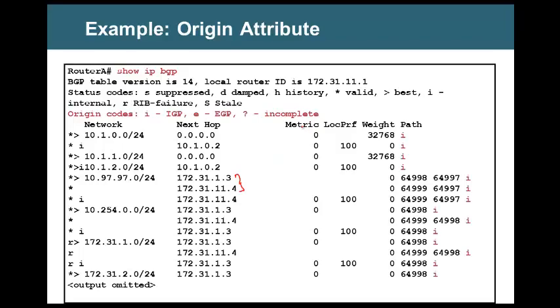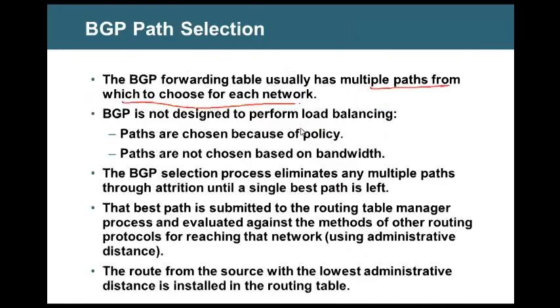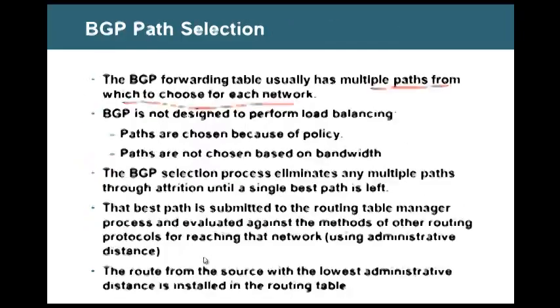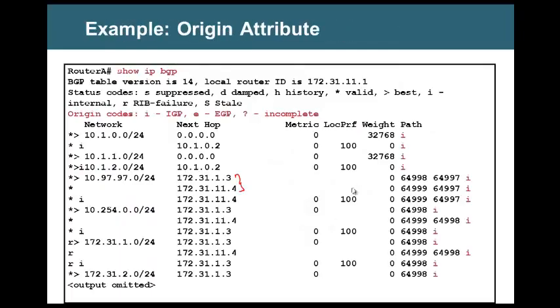If there is a tie in the closest IGP neighbor, then it picks the oldest route from eBGP. This also you cannot see, because there is no timer here, but internally they maintain the timer, whichever came first. If this would have come first, then this is the valid and best, if not the other one.